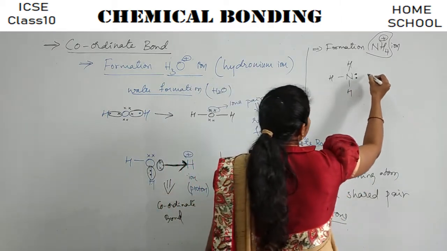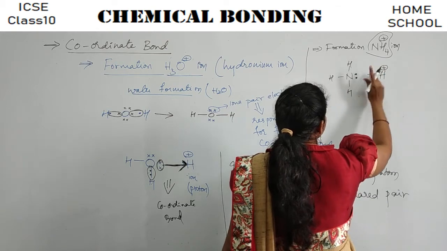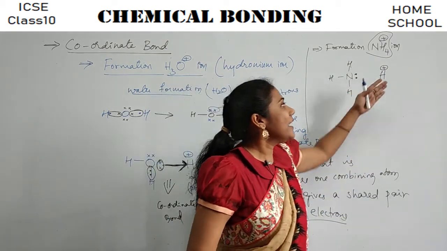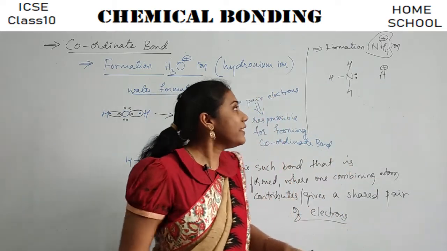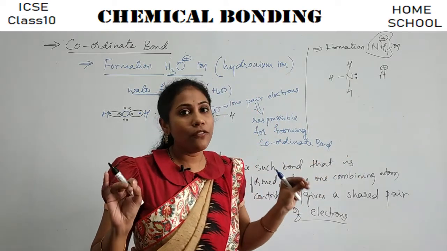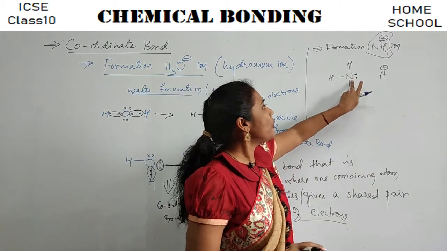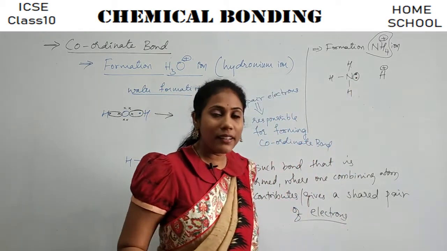When ammonia is like this, in case any H plus comes and stands in front of it, the guy which is helpless, very unstable, right? It has come near the ammonia and is standing, waiting for its pair of electrons. Ammonia fortunately has one extra pair of electrons, which we call a lone pair, unshared.